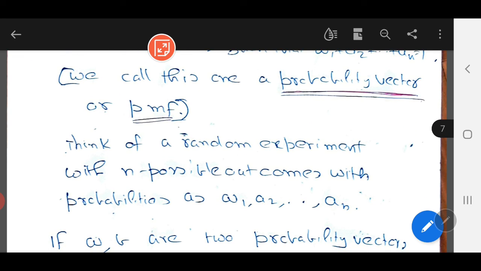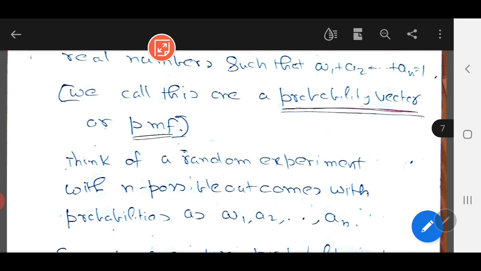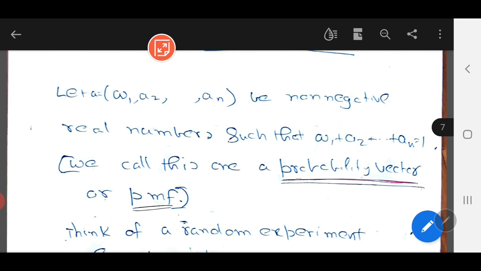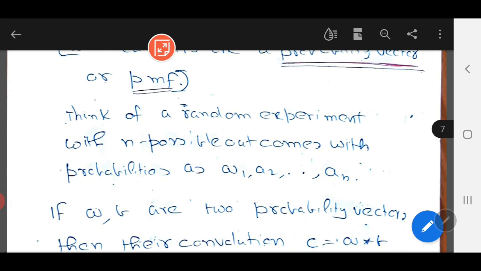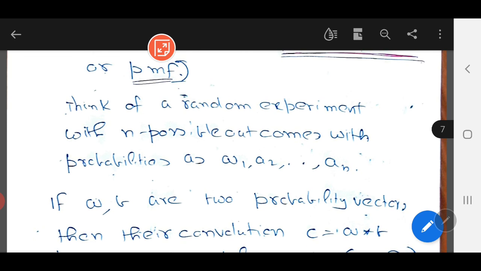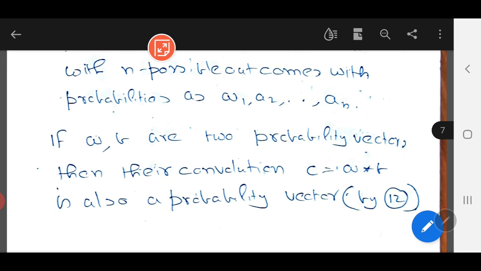Think of a random experiment with n possible outcomes, with the probabilities as a1, a2, ..., an. So you can think of this probability vector, or random vector, as a random experiment with n possible outcomes with probabilities a1, a2, ..., an.